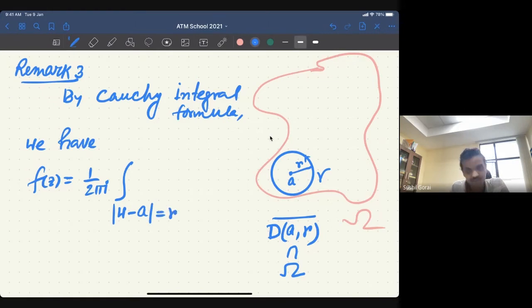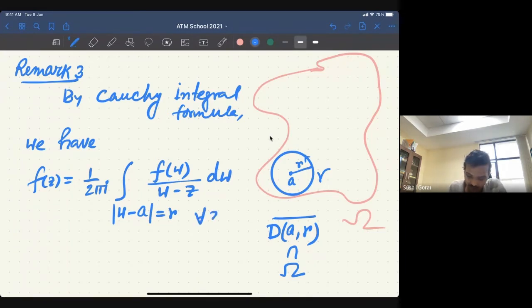This curve gamma is nothing but this circle, so I can write it this way: f(w) over (w − z) dw. Is this fine? This is the simplest form. Where does z belong?